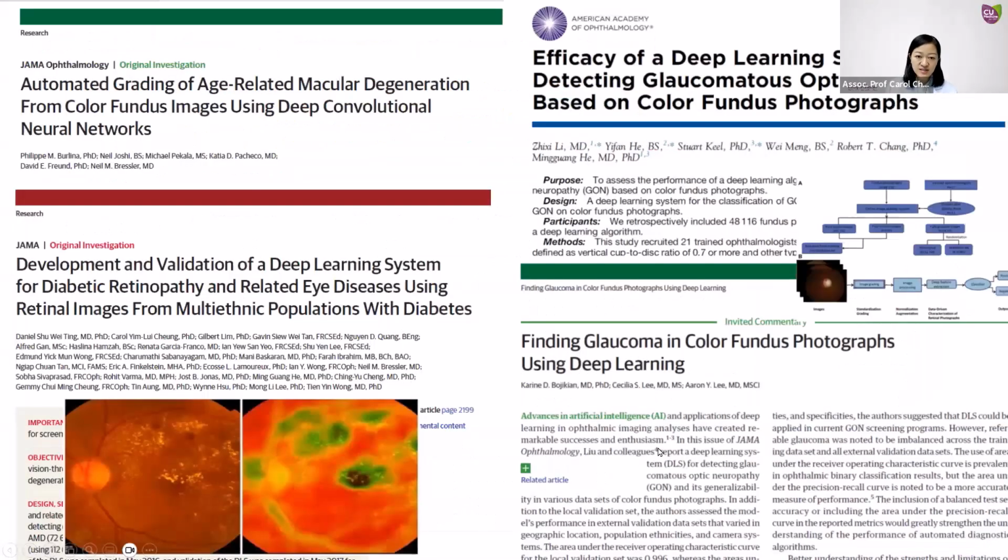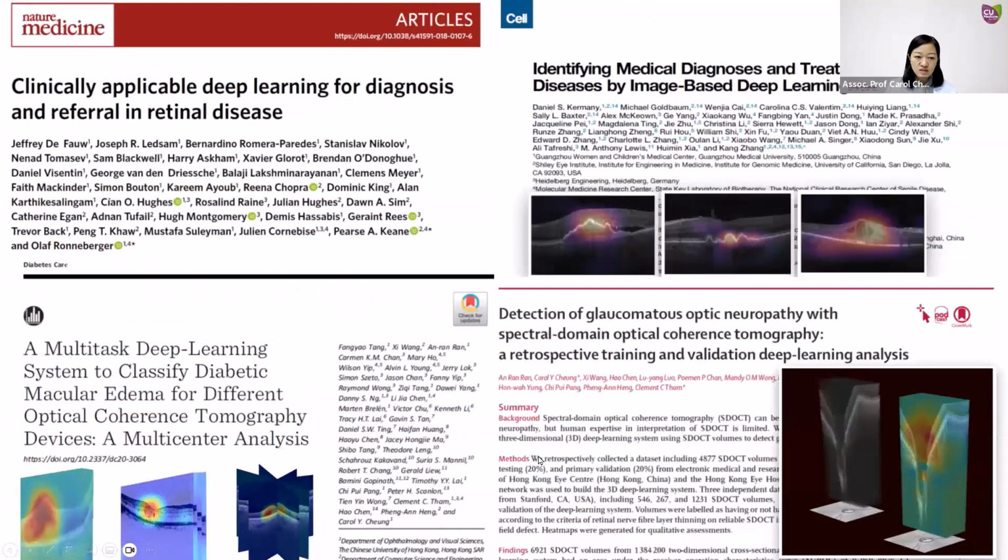In ophthalmology, studies are already demonstrating that deep learning algorithms can be trained using large data sets of retinal photographs and OCT to identify eye diseases such as diabetic retinopathy, diabetic macular edema, and glaucoma, and the performance is at least as good as clinicians and professional human graders.